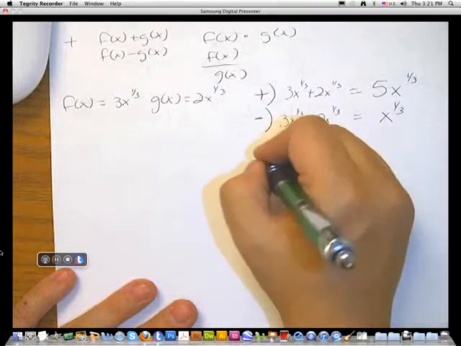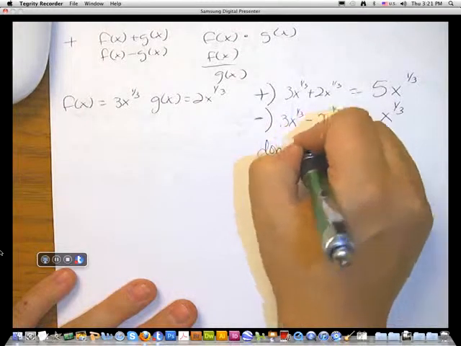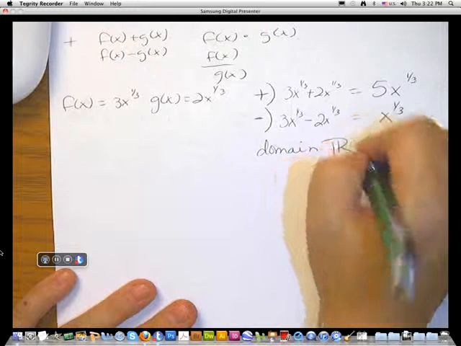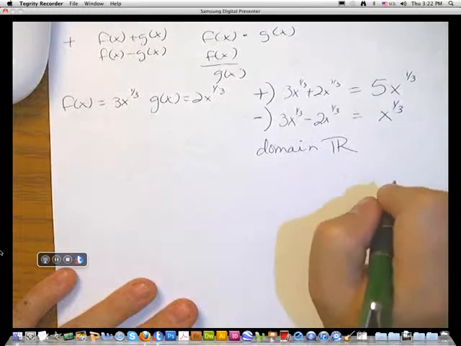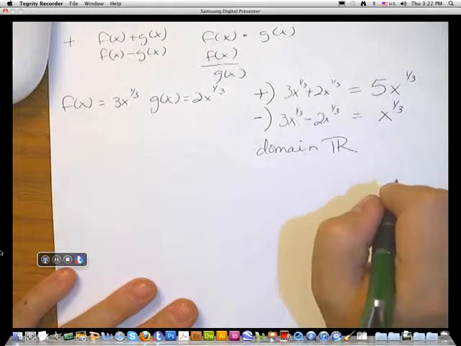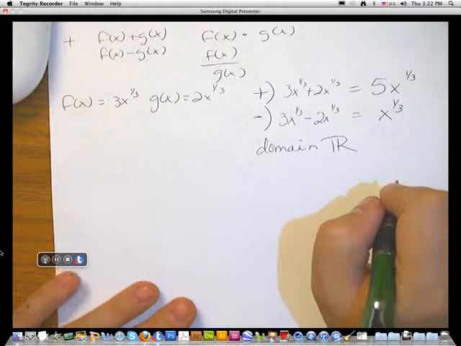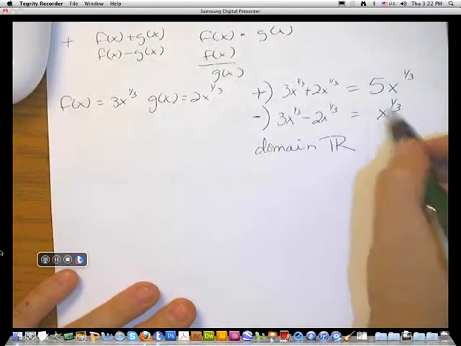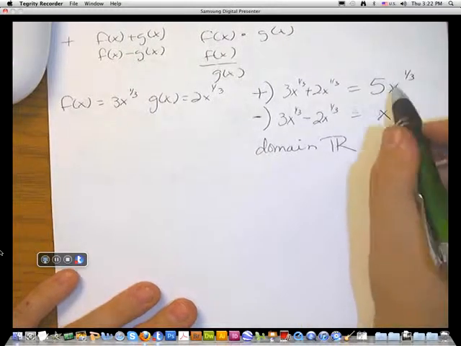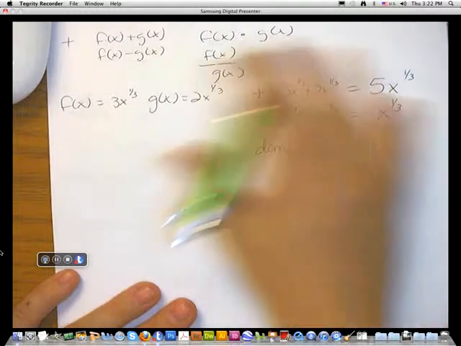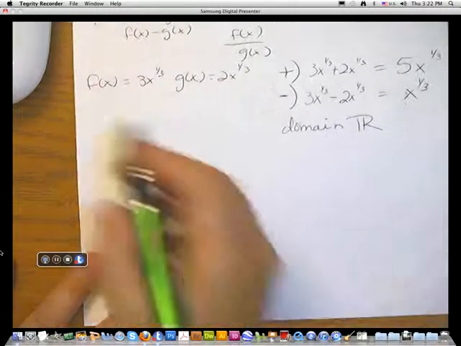And the domain is all real numbers. Meaning x can be anything. It can be positive, it can be negative. There are no restrictions on this. I can put anything in there I want to.